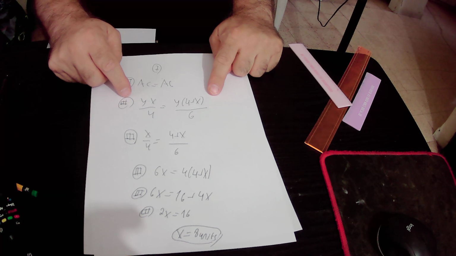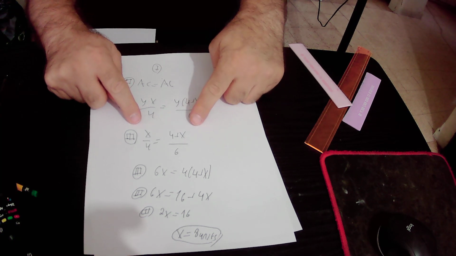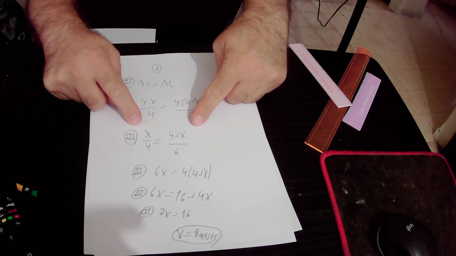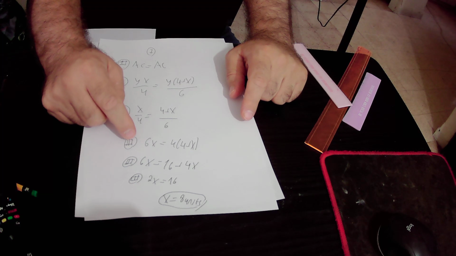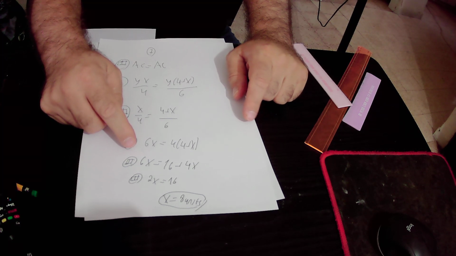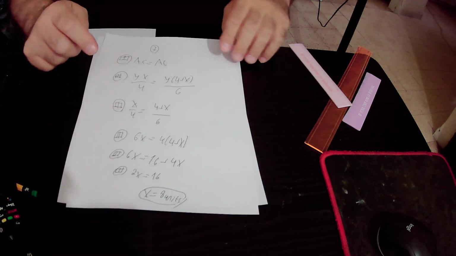We divided this equality by Y, and then we multiplied it by 4 and by 6, and we solved this simple equality and found that the value of X is 8 units.